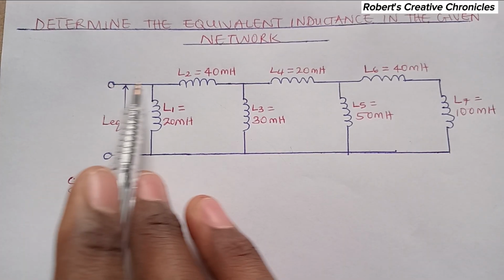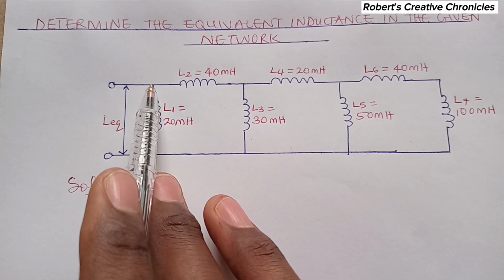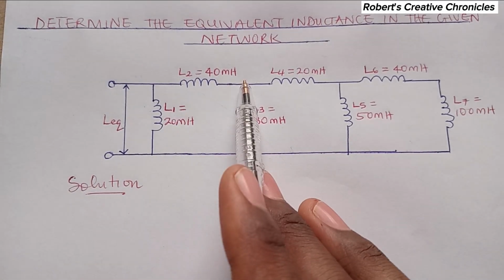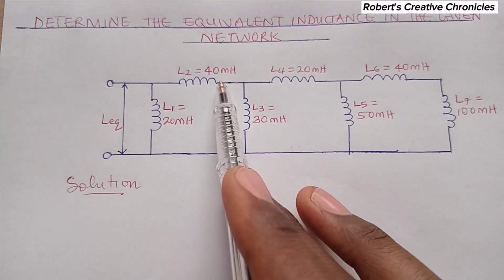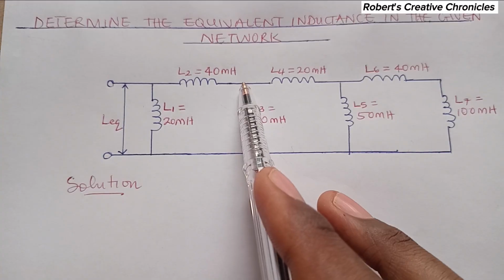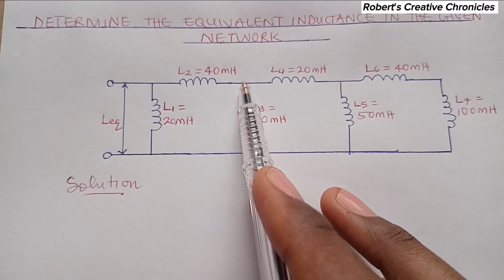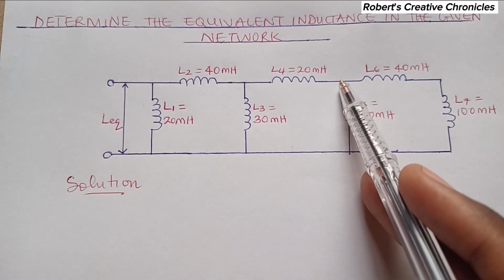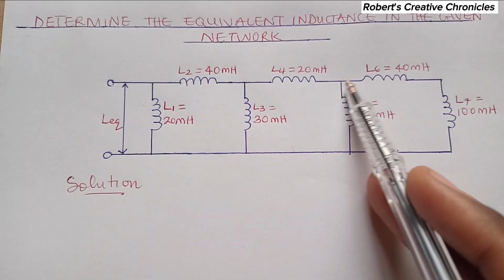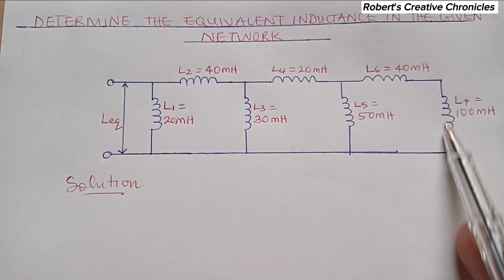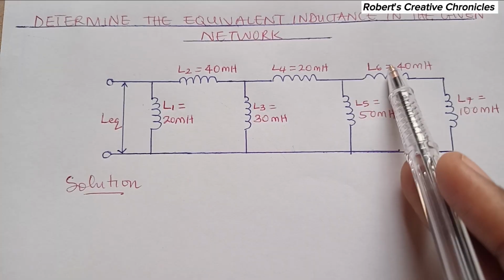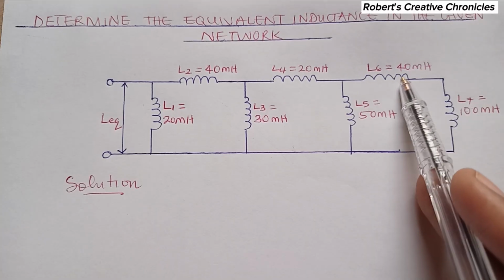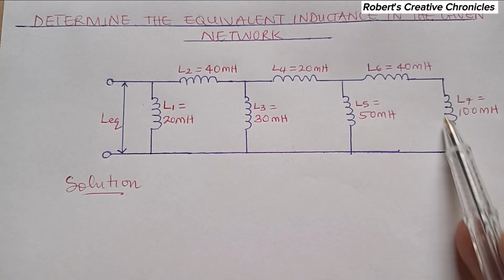When the current flows through this circuit and comes to this point, a portion of it enters here and a portion of it enters here. When the current that enters here comes to this point, a portion of it enters here and a portion enters here. The same amount of current that enters this inductor is the same amount that enters this one.